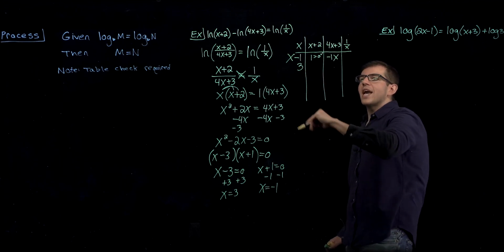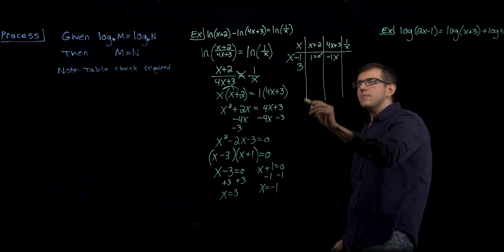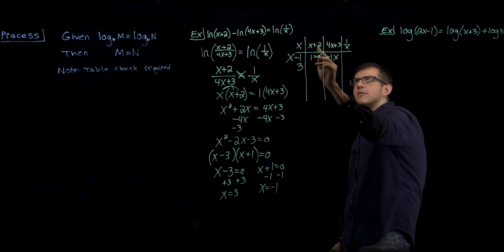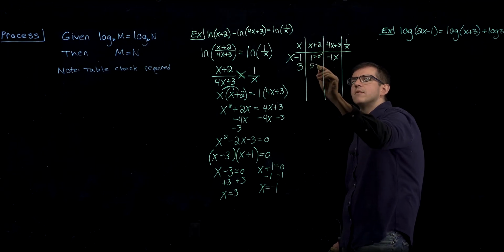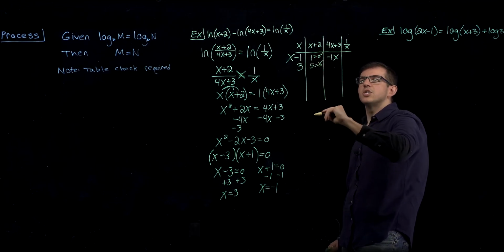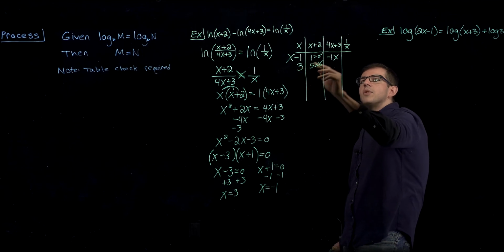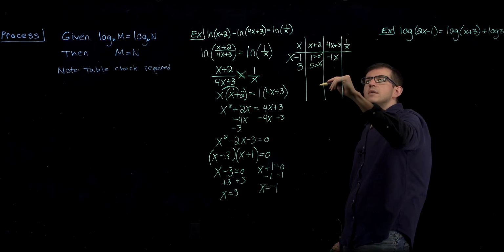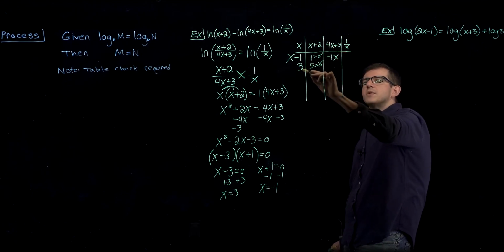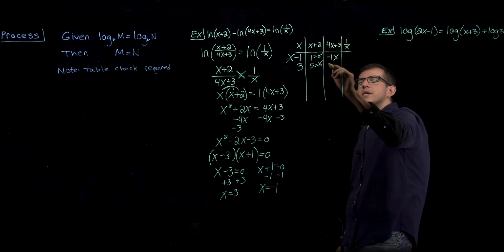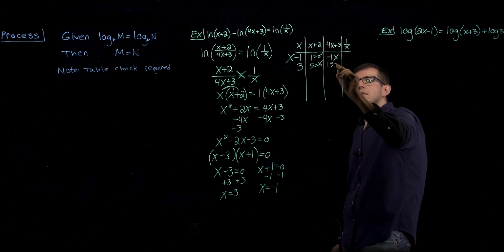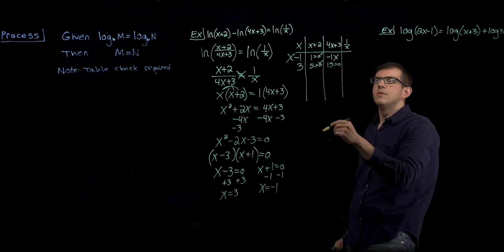But now we can check x equals 3. When we plug 3 in, 3 plus 2 gives us 5. That is greater than 0, so it checks out. When we plug 3 into 4x plus 3, it gives us 4 times 3 is 12, plus 3 is 15, which is also greater than 0.